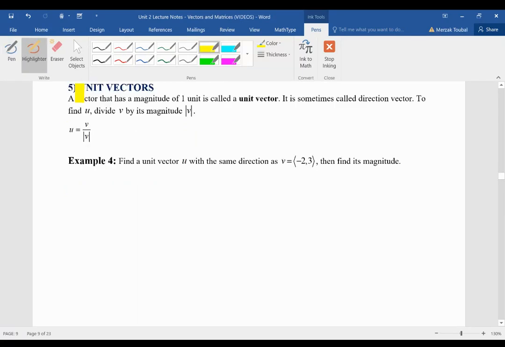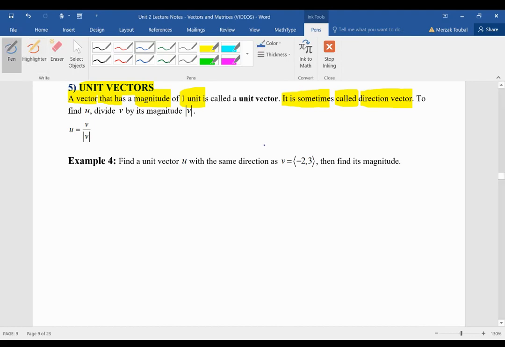Good. Next concept is unit vectors. So what is a unit vector? A unit vector is a vector that has a magnitude of 1 unit. It is sometimes called a direction vector. Let's look at this concept in a bit more detail.